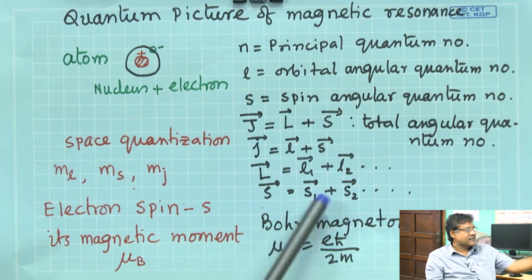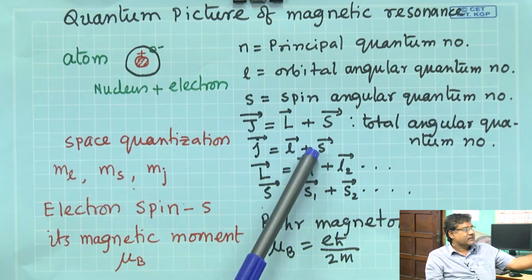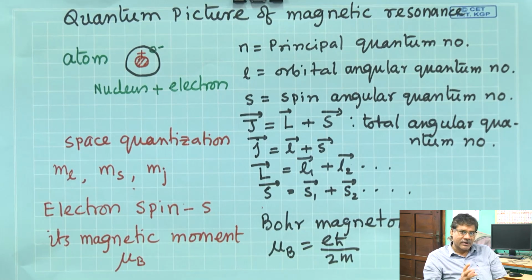Similarly, capital S is for the individual spins of electrons, S1, S2, S3, etc. And for an electron, the total angular momentum small j will be l plus s. This is the vectorial sum.